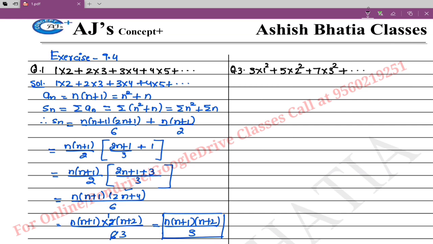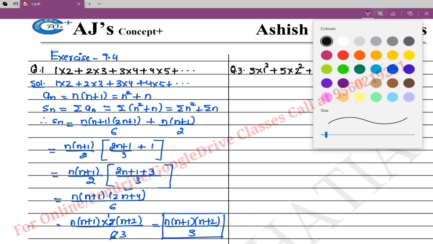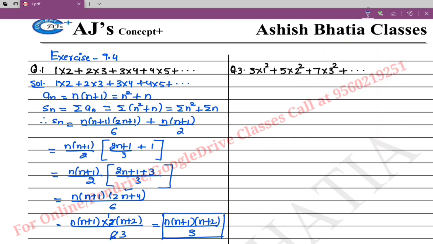Here we need to obtain the nth term first, and we will use a trick here. The trick is there are two terms which form a particular term. For example, first term is found by 3 into 1 square, second term is found by 5 into 2 square, and the third term is found by 7 into 3 square, and further so on.